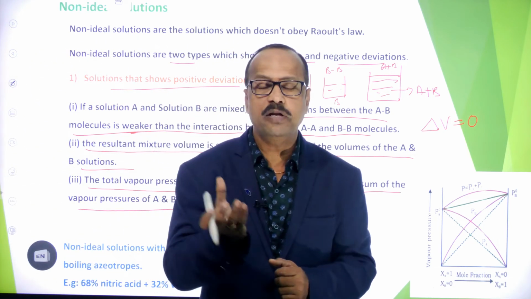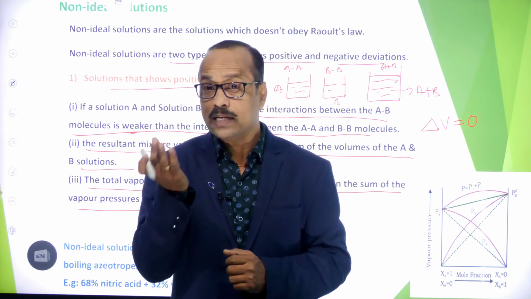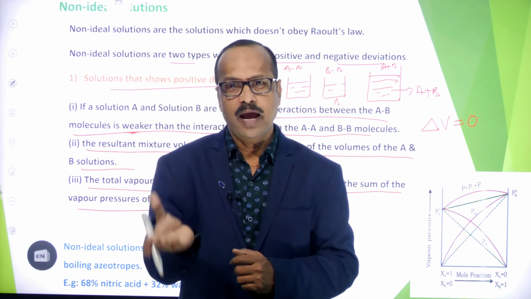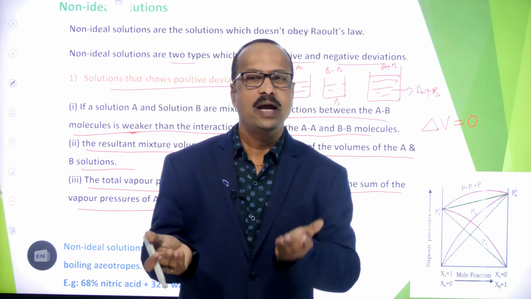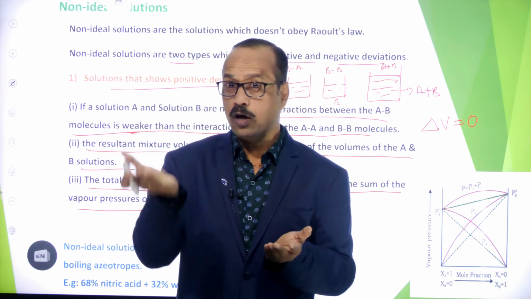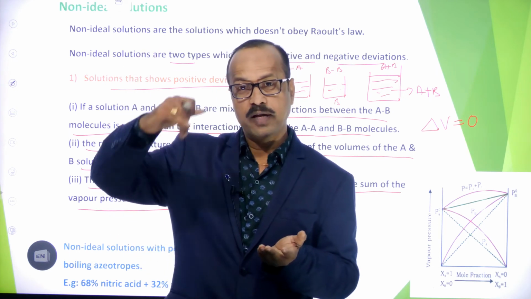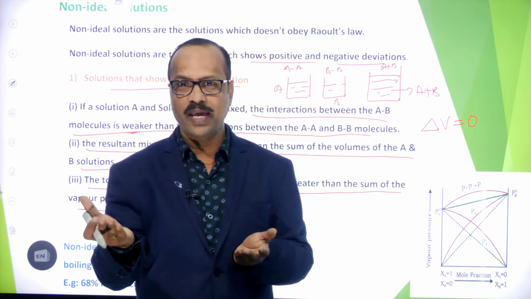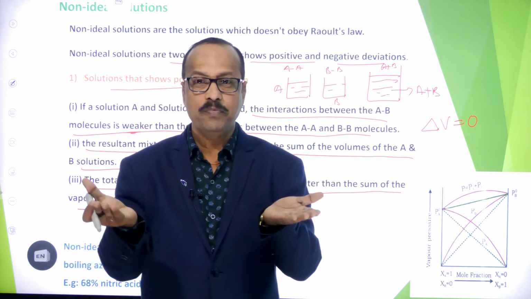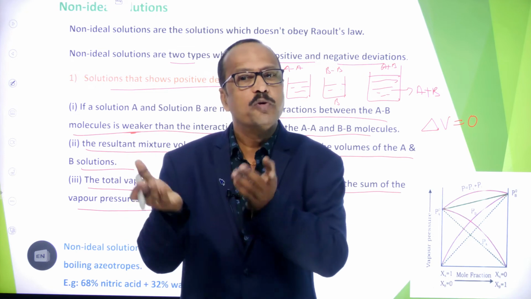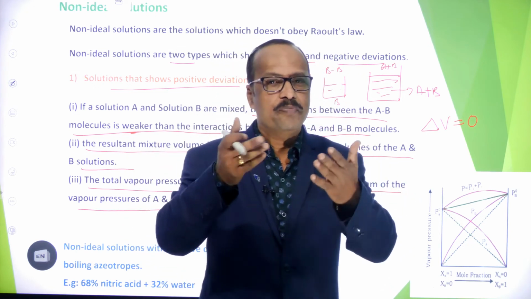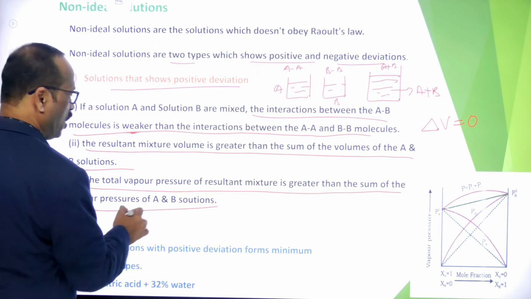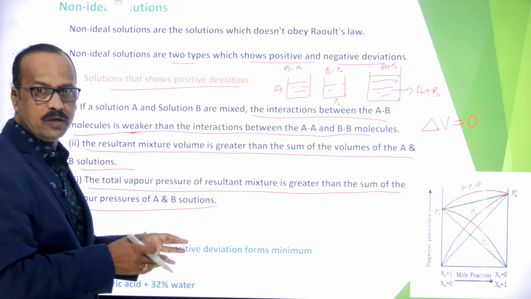If I take the A solvent, a liquid, and check its vapor pressure, on boiling, the liquid is converted to vapor, and that vapor exerts pressure. So the vapor pressure of A and of B, individually, are both greater than the vapor pressure of this solution.